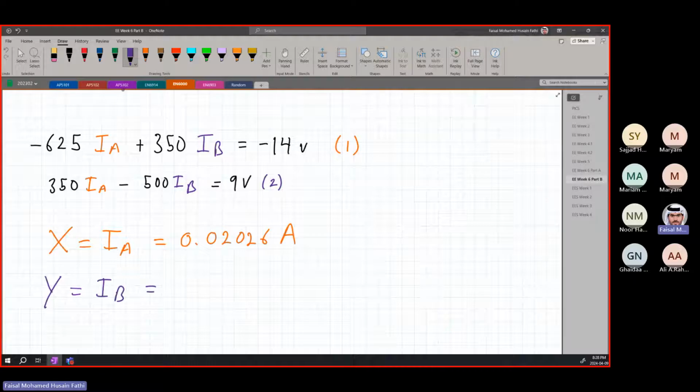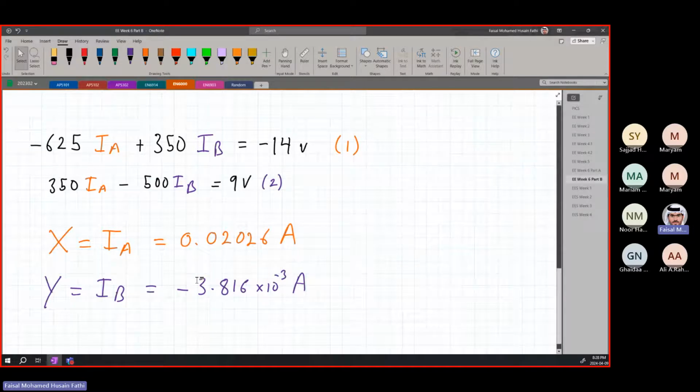It is equal to minus, I'm getting it in the calculator as 3.816 times 10 to the minus 3 ampere. Okay? That means 0.003816 ampere.